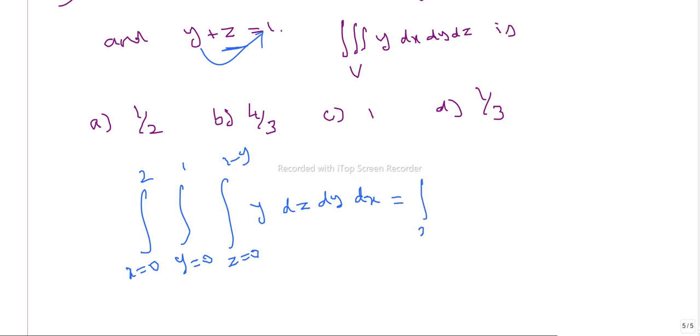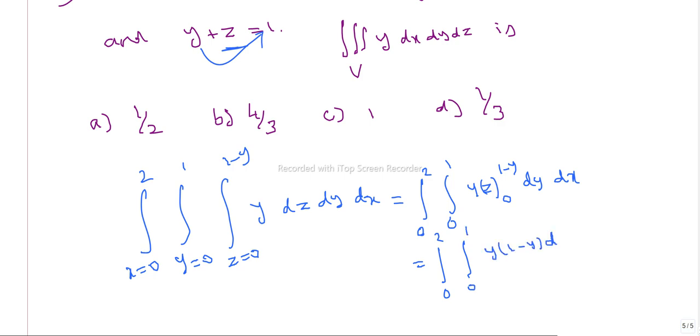So the integral from 0 to 2, from 0 to 1, of y dz, because y is constant with respect to z. Substituting the limits 0 to 1 − y, we get y(1 − y) dy dx.